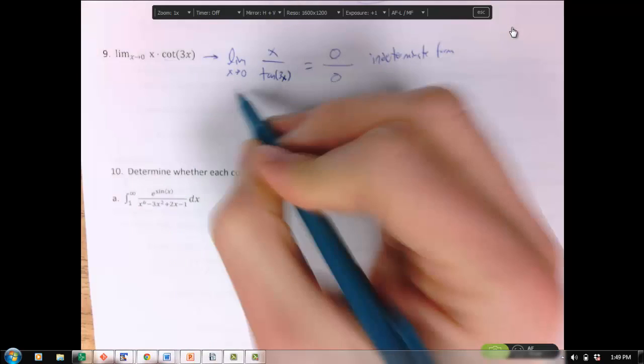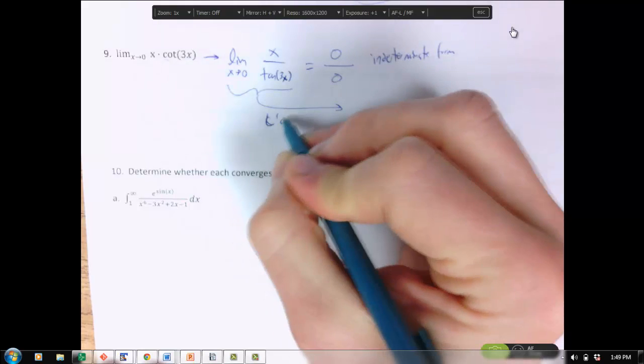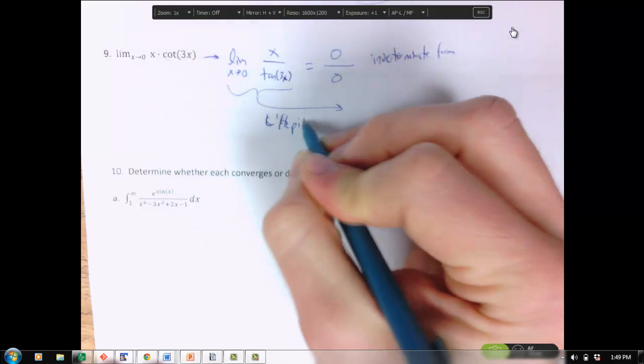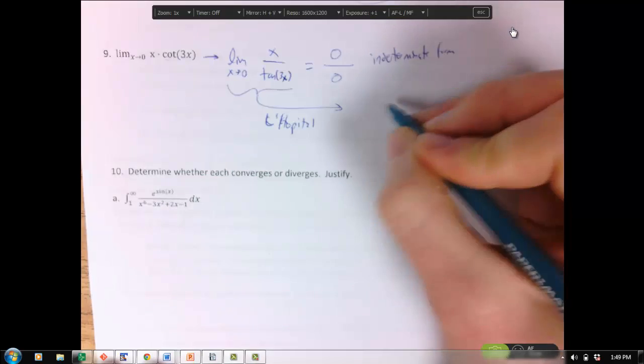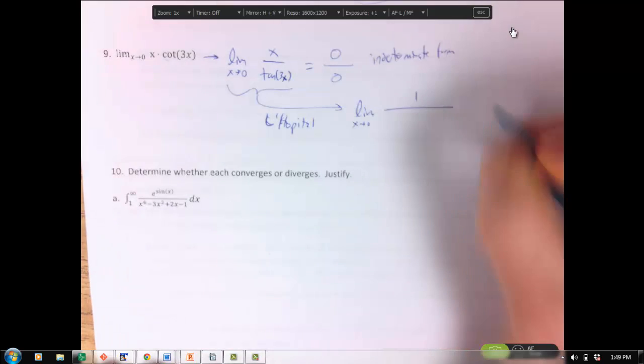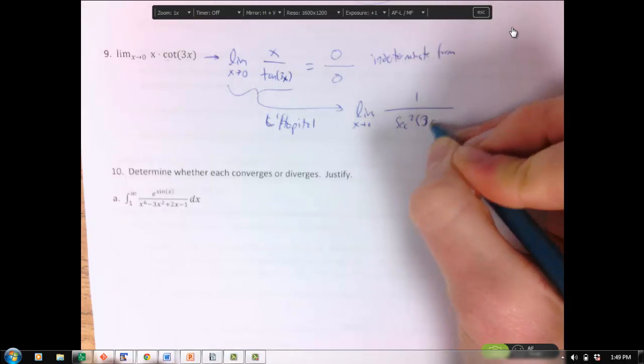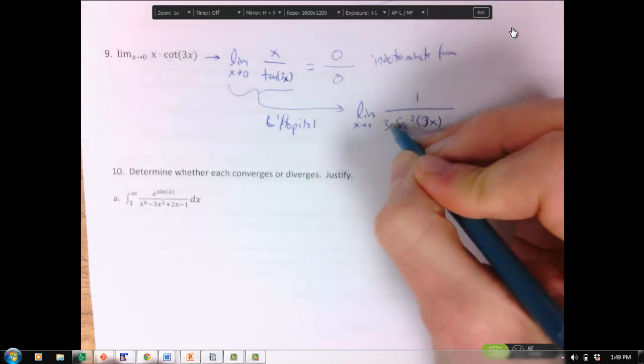All right, so now that it's indeterminate, we can apply L'Hopital. And in the numerator, we've got 1. And in the denominator, we have secant squared 3x times the derivative of the inside.